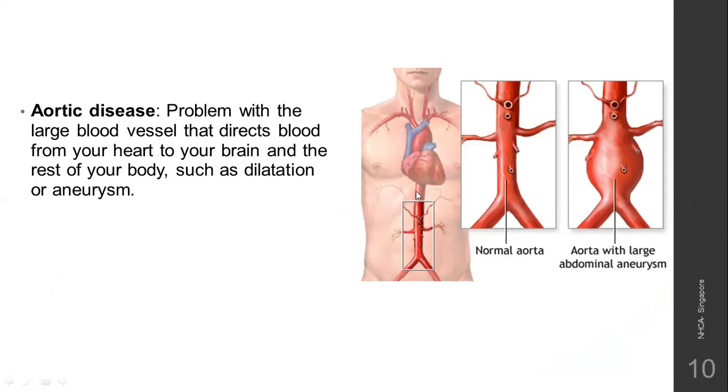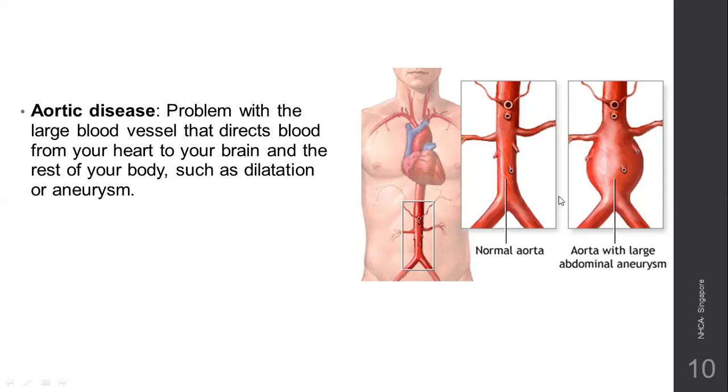Okay, the descending aorta leads to the abdominal aorta, that gives blood supply to your stomach, your diaphragm, your lungs, your liver, your pancreas, your intestines, okay, your kidneys. Okay, the majority of these organs get their blood supply from the descending aorta.